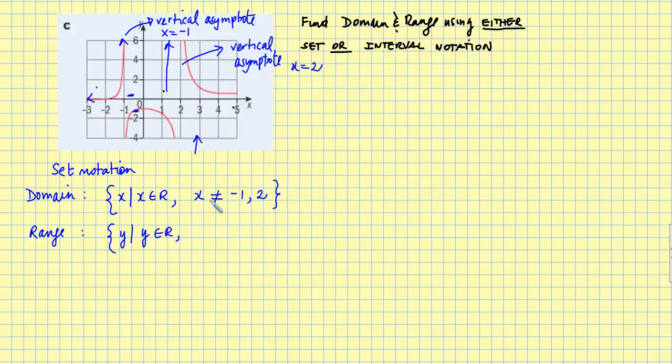So what that means is that my values of y are not allowed to be equal to 0 or negative 1. But everything else in between will work. Okay, so that would be our set notation.